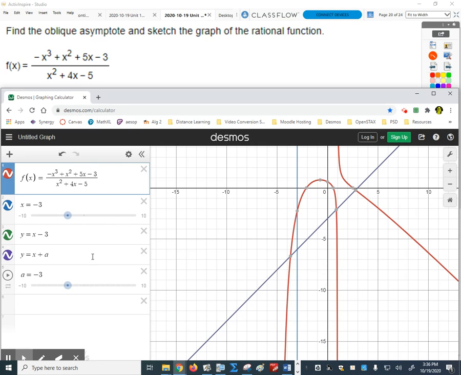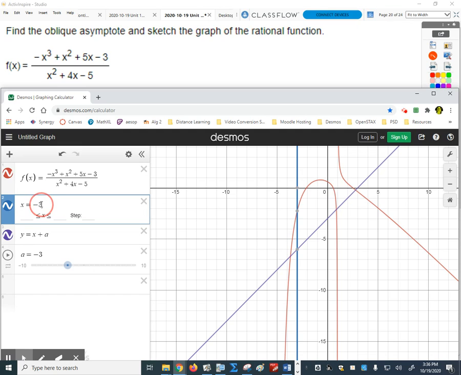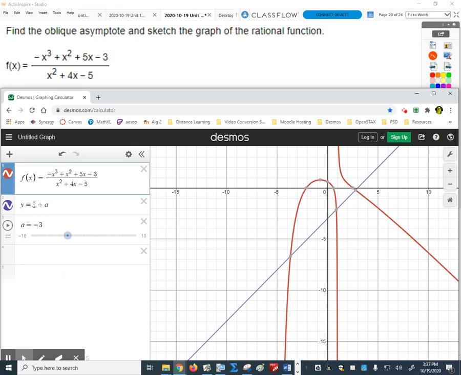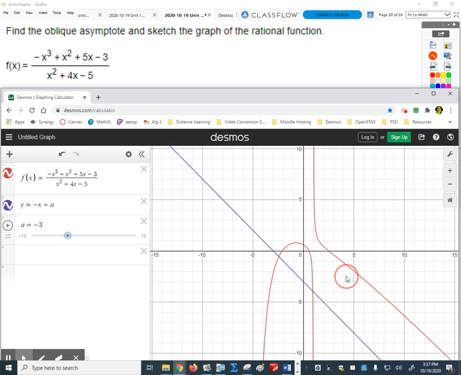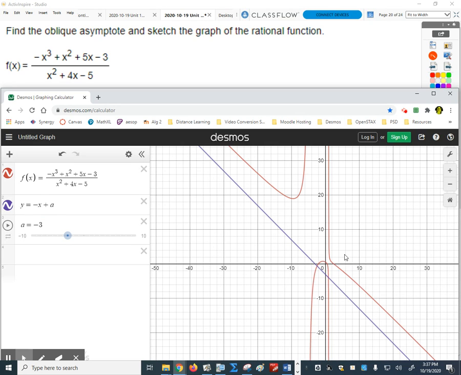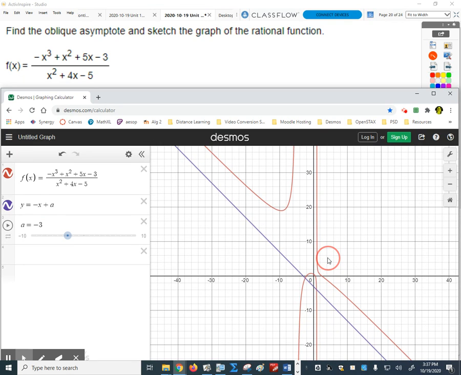Okay, and so this time, if we do the ratio of our leading coefficients, we know that negative x cubed over x squared is negative x. So this time we're going to get a result that looks like negative x plus a. We have to figure out what a is.